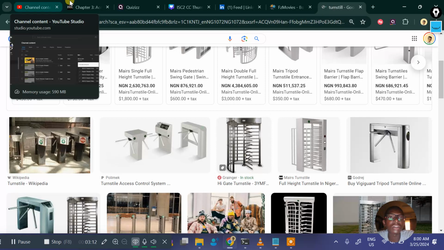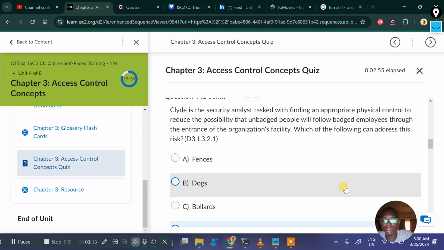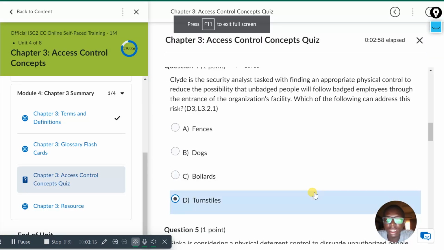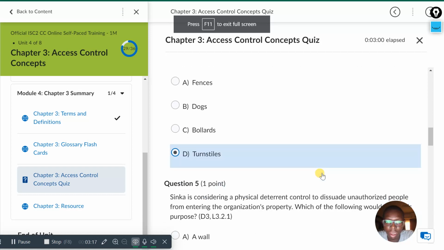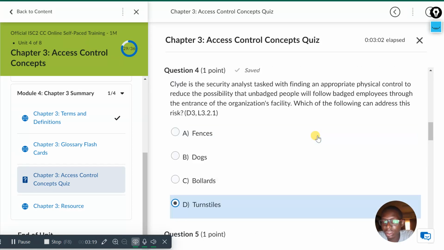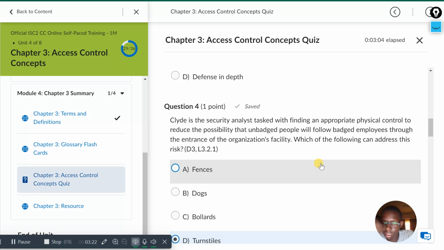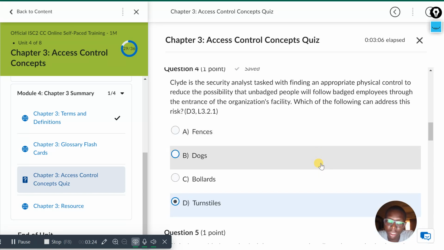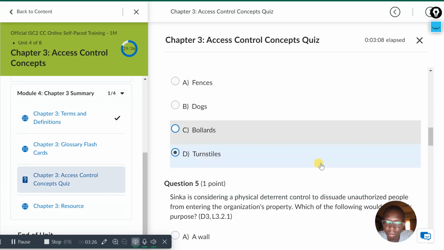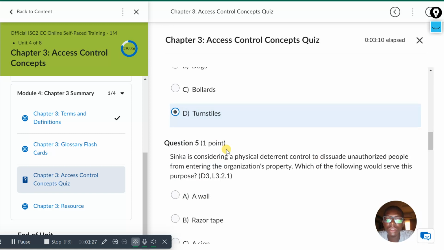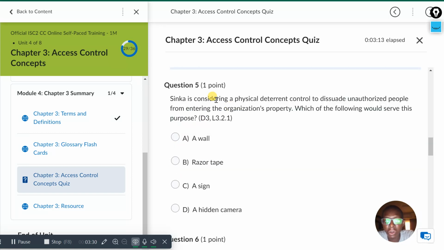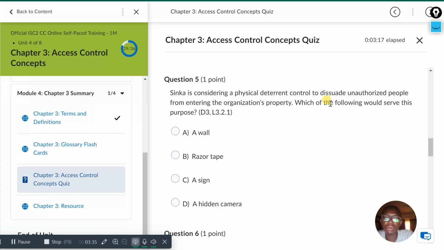So we're going back and full screen again. And yes, turnstiles is what we are after. So with a turnstile, basically, he enters, the next person cannot enter with him. Well, as per belief.